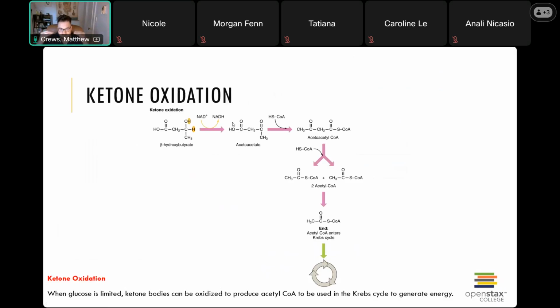If we're using a lot of glucose in the first couple minutes of exercise, then we flip to a mechanism where we're using a lot of ketone oxidation to produce acetyl CoA and burn it in the Krebs cycle. But it's not exclusively happening. This is just when we've been exercising for a long time and our glucose stores are starting to run out.